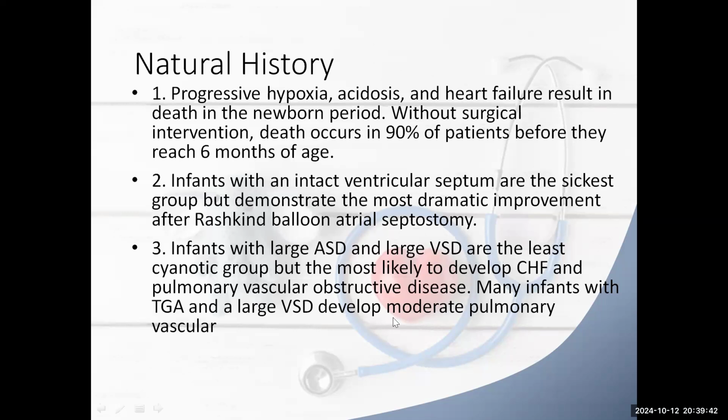The patient who has another site of mixing rather than the PDA, like a big ASD or big VSD, will come with congestive heart failure in addition to cyanosis, and maybe his main complaint is congestive heart failure, not cyanosis.